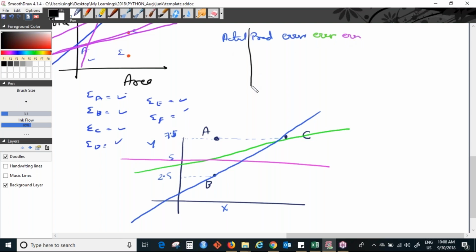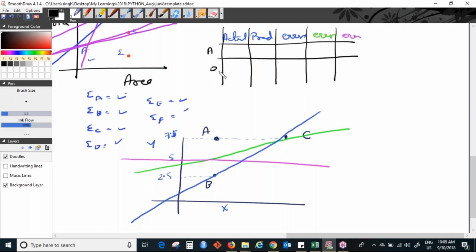I have 3 points, so everywhere I'll have 3 errors. So point number A, point number B, and point number C. Tell me, what is the actual value of point A?